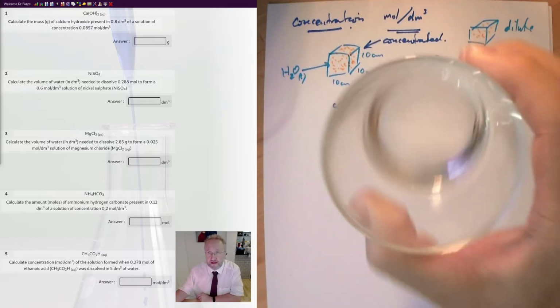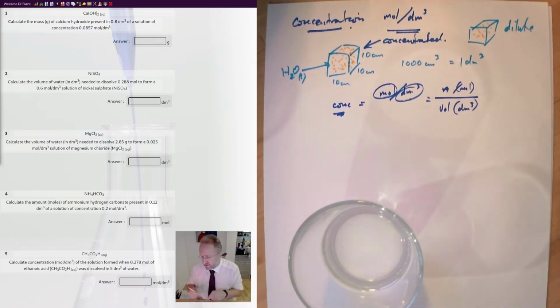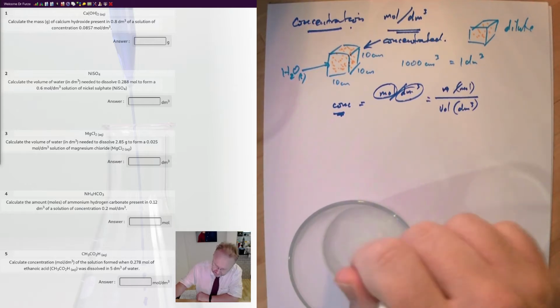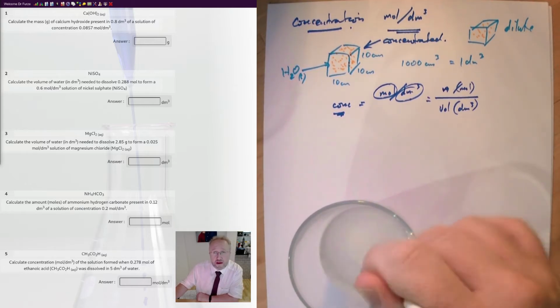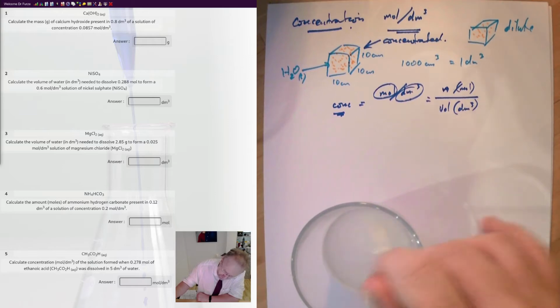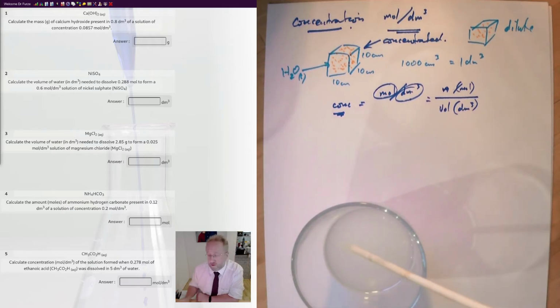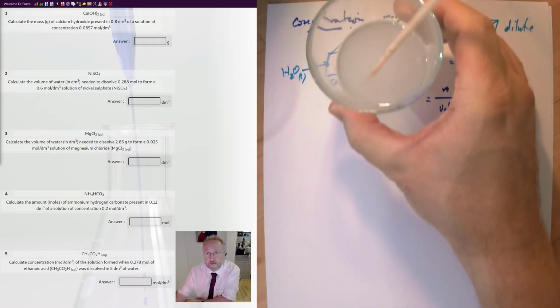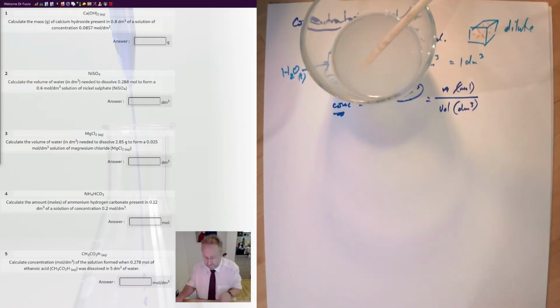Obviously that hasn't dissolved yet, so we're just going to stir that, and we are going to make a salt solution. So that is now a salt solution, 50 cm cubed of water and 0.5 grams of salt. Okay, so what concentration is that?